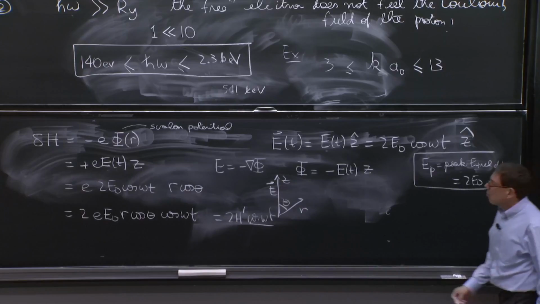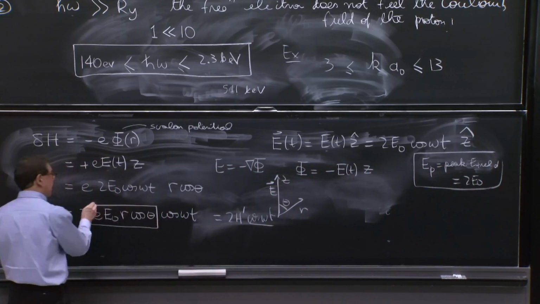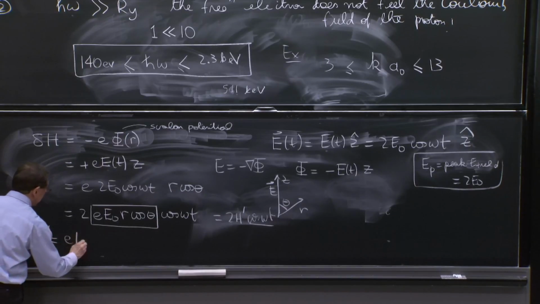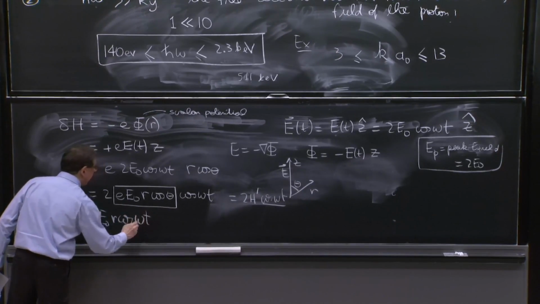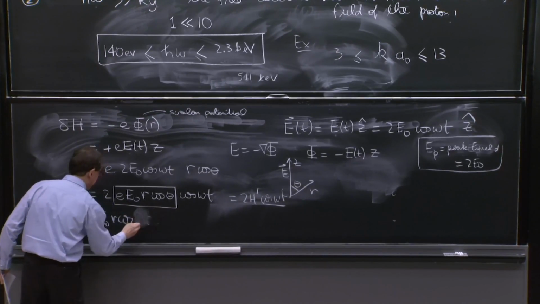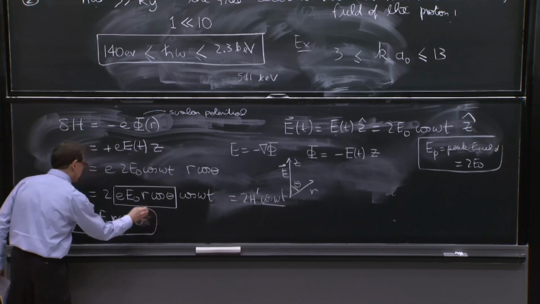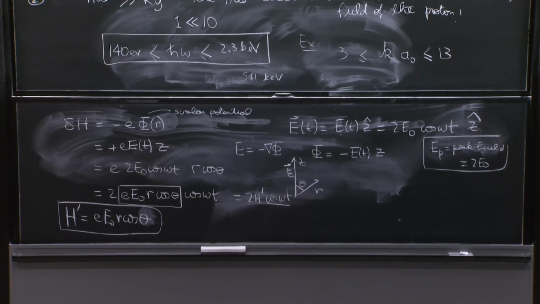So we read the value of H prime as E0 r cosine theta. Oh, no, r cosine theta. Okay, we have our H prime. So we have the conditions of validity. We have our H prime.